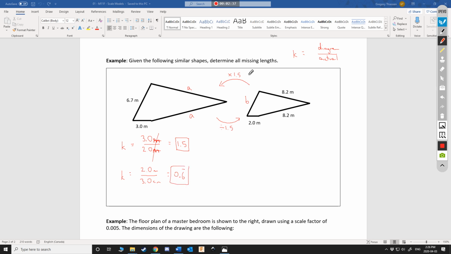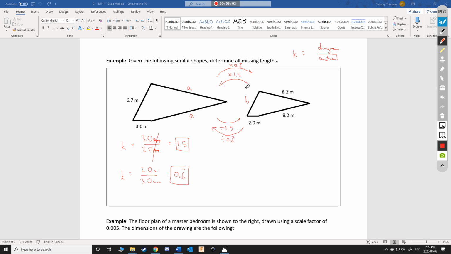It would mean that going in this direction is the same as multiplying by 0.6 repeating, or I can go back in this direction by dividing by 0.6 repeating. So it doesn't matter. We can go either direction.